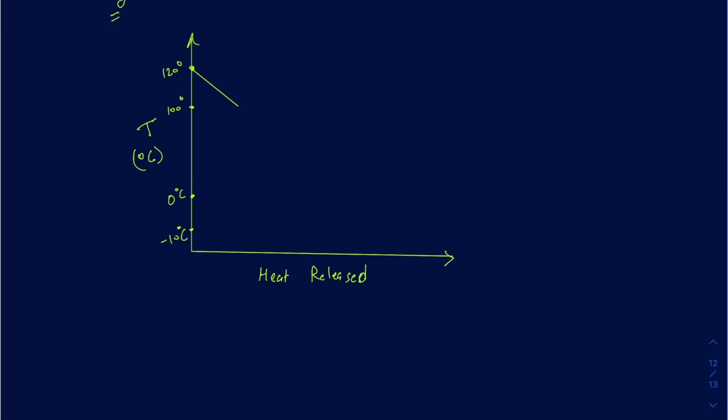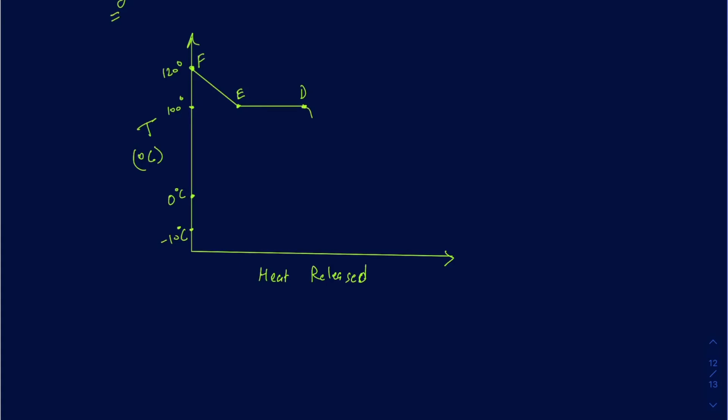And then once the steam hits 100 degrees Celsius, you're going to have a flat line where the gas is going to condense into the liquid. Call that F, call that E, and call that D. So at point D, every gas particle has been converted to the liquid form, or has been condensed.